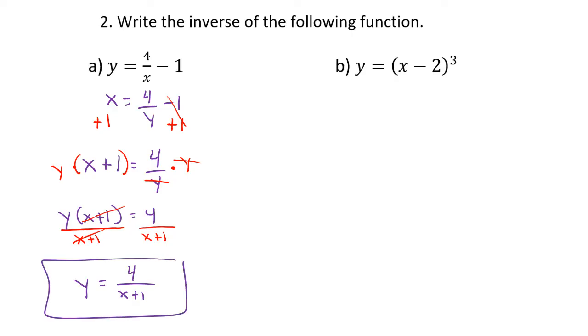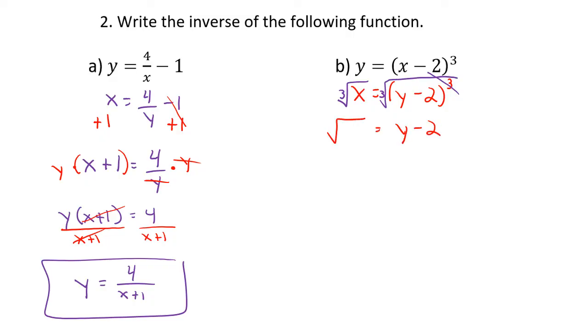Okay. Part B. Doing the same thing. Step 1, switch your x and your y. Once we've done that, we can see that the y is trapped inside of these parentheses, and we want to get it out because we want that y by itself. So we're going to do the opposite of a cube, and that is cube root, which means the cube and the cube root are going to cancel out, leaving us with a y minus 2.